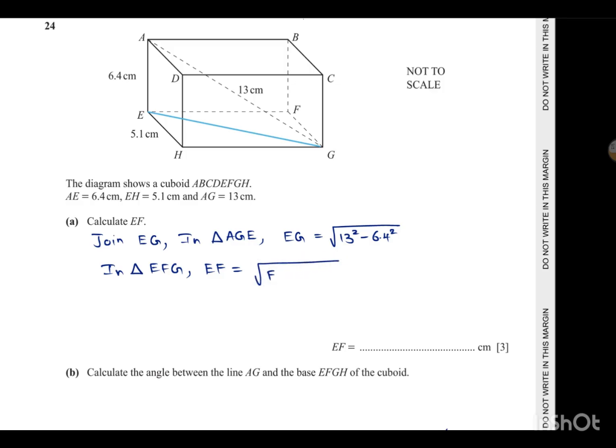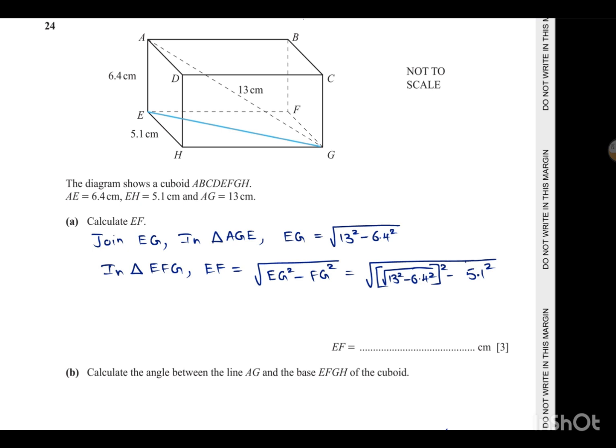So EG square minus FG square. So square root of this square, 13 square minus 6.4 square, minus FG square, which is 5.1 square.